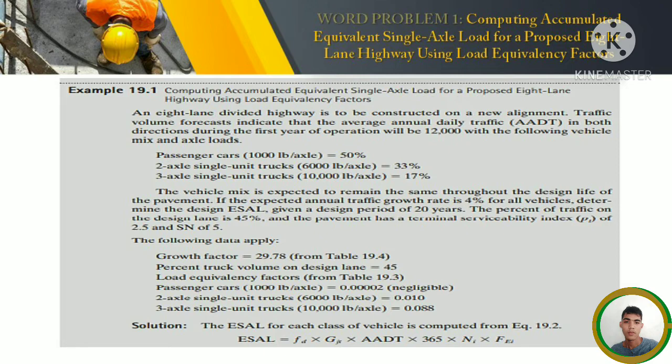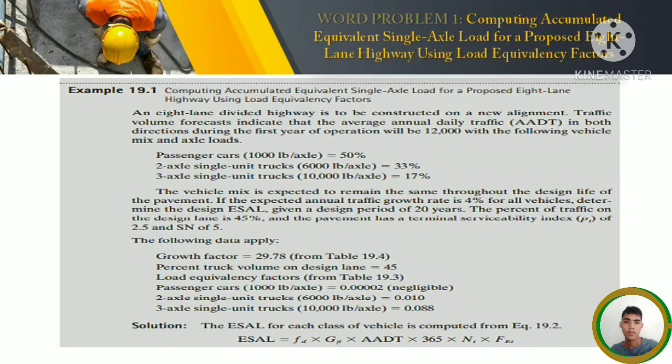An 8-lane divided highway is to be constructed on a new alignment. The traffic volume forecast indicates that the average annual daily traffic, or AADT, in both directions during the first year of operation will be 12,000 with the following vehicle mix and axle loads.